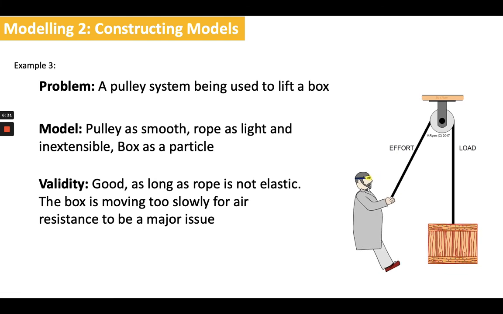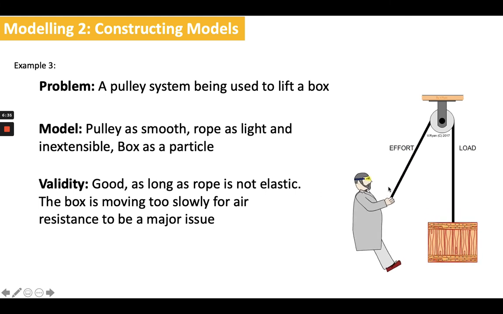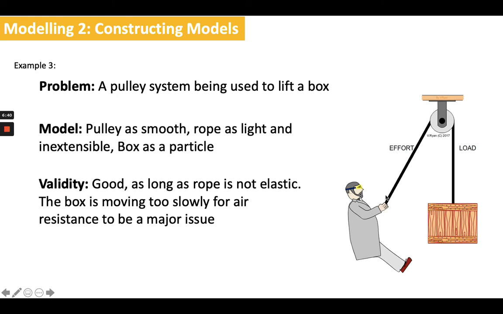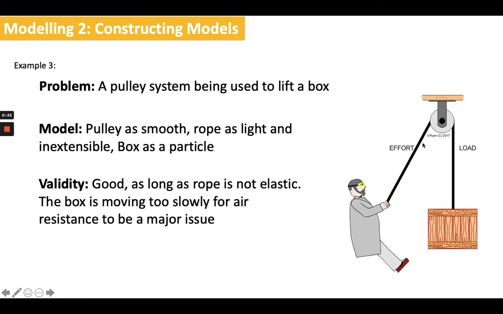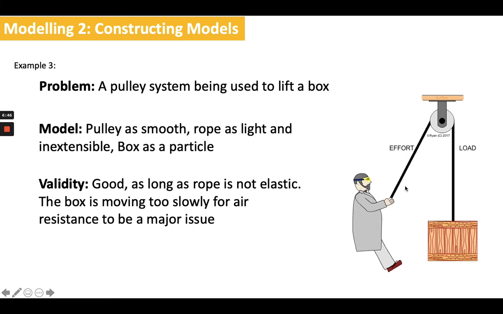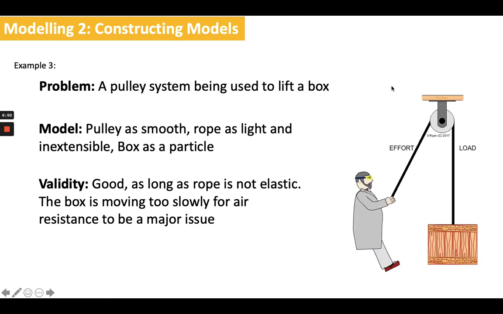So one of the key assumptions we make is that the rope is not elastic, it's inextensible. That means that the force applied at this point of the rope is going to be the same at this point, and also the same at this point. So the force is transferred along the entirety of the rope.